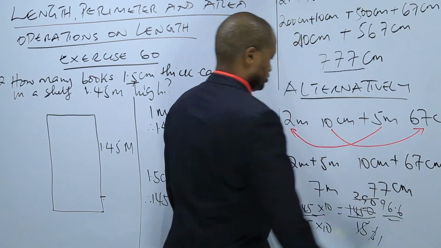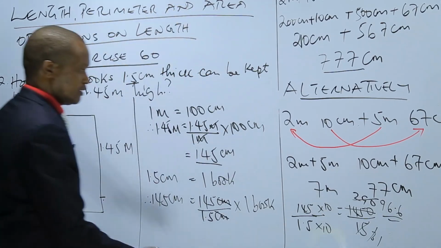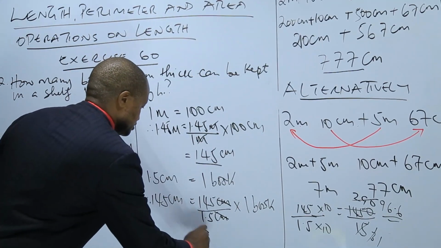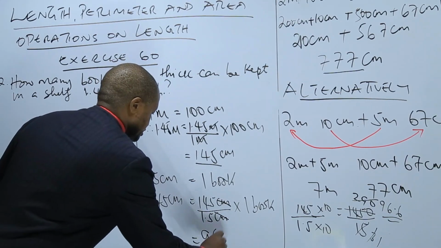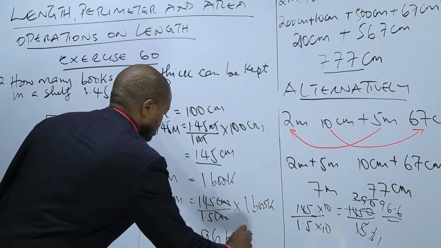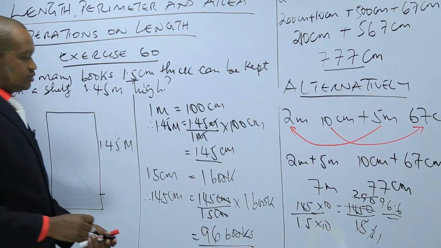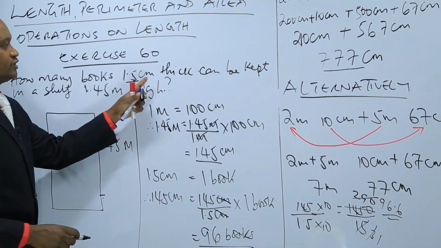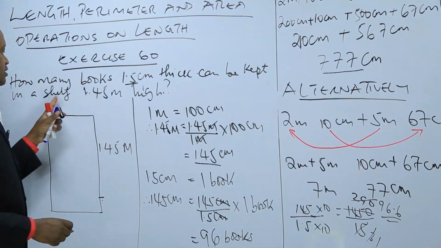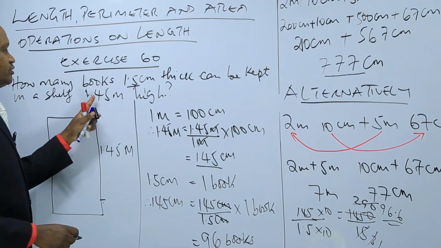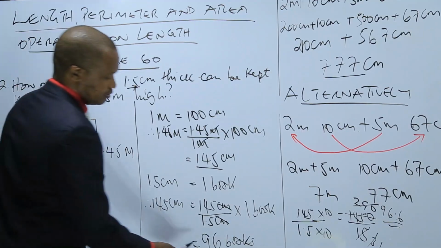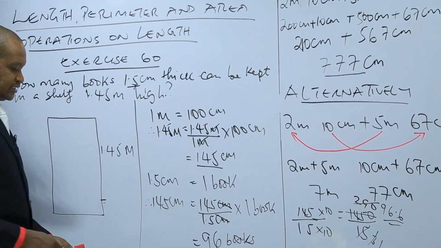So this is 96 books. So how many books 1.5 centimeters thick can be kept in a shelf 1.45 meters high? The number of books will be 96.